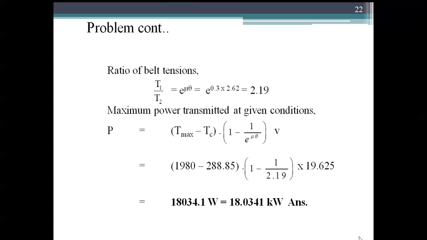So from this we got power as 18.0341 kilowatts.